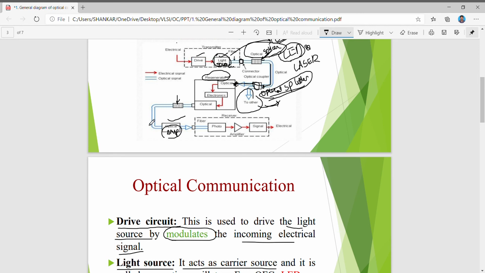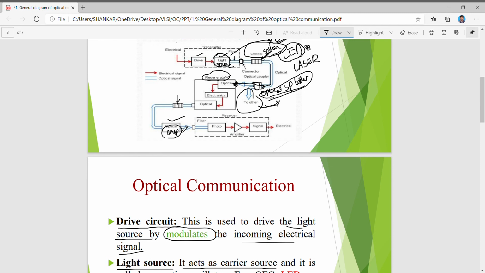The received signal is optical in form, but due to long distance transmission, the signal amplitude levels or the strength of the signal will be reduced. So in order to strengthen the signal, we use the optical amplifier.